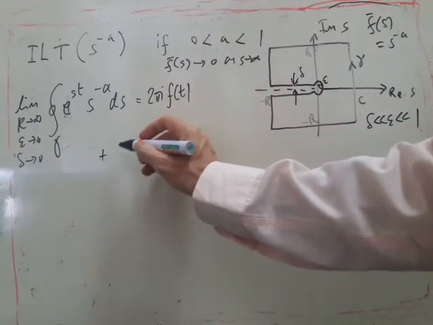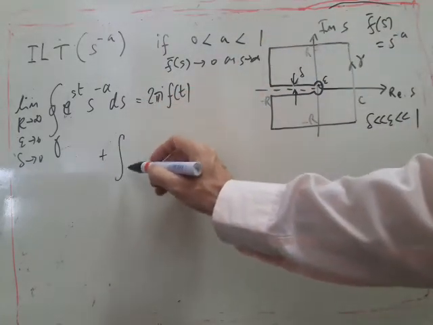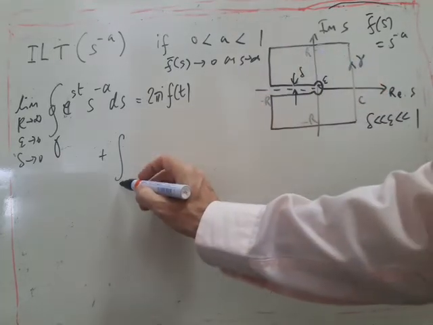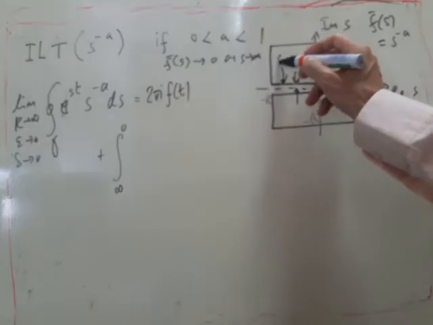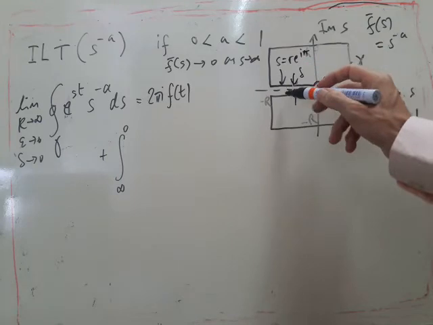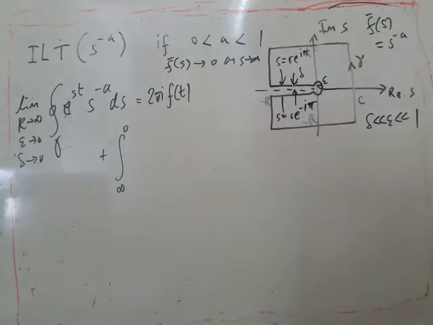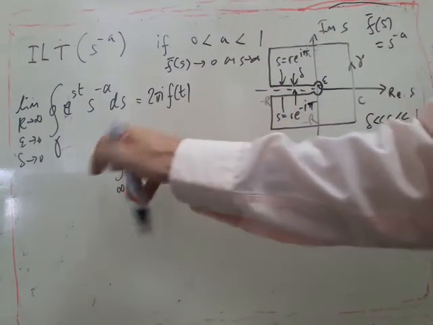So we've got the integral along here is from infinity to 0. It's s equals r e to the i pi here, and s equals r e to the minus i pi here. ds equals minus dr, so I get a minus sign.